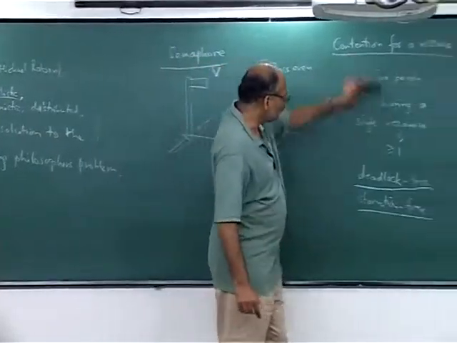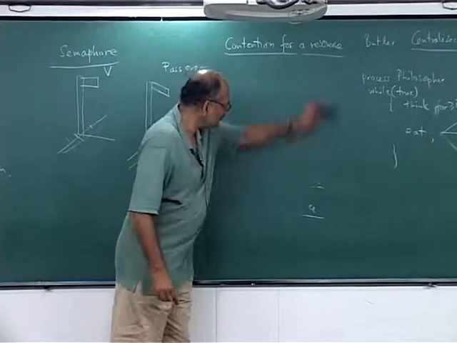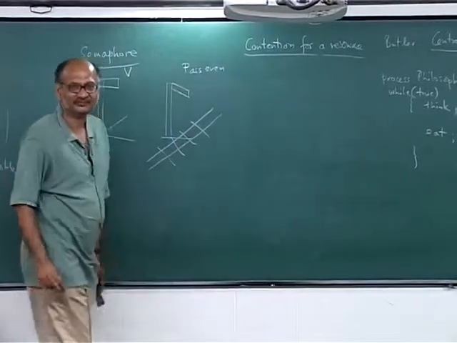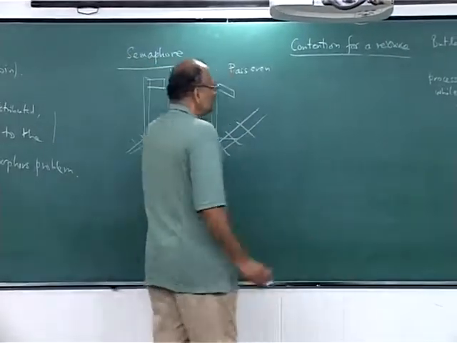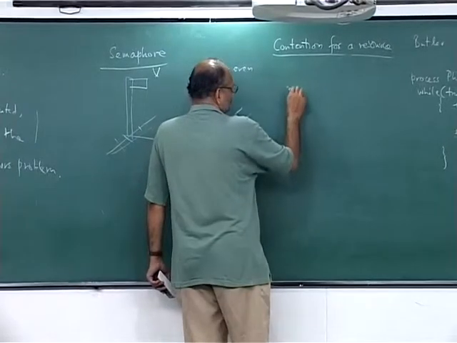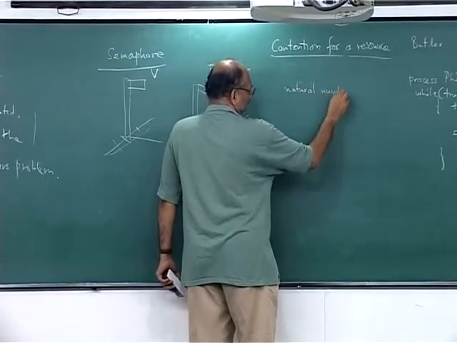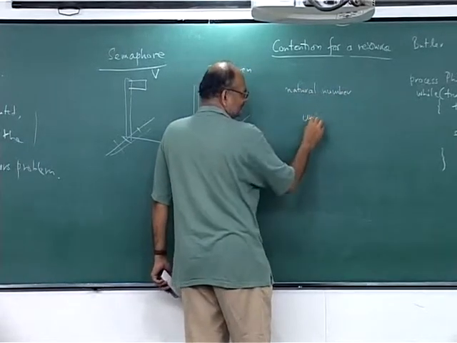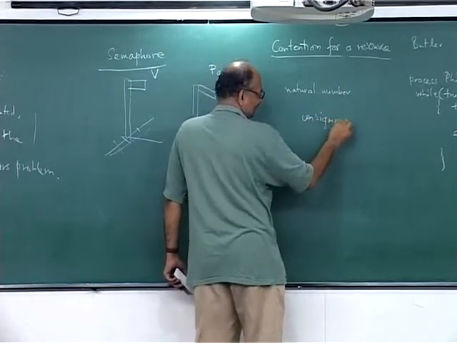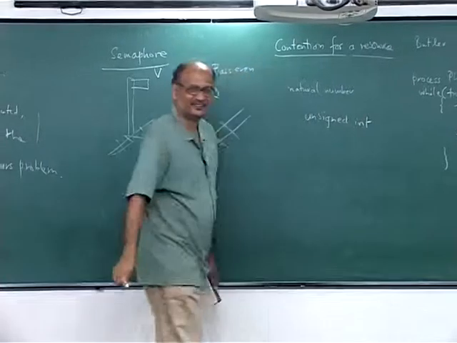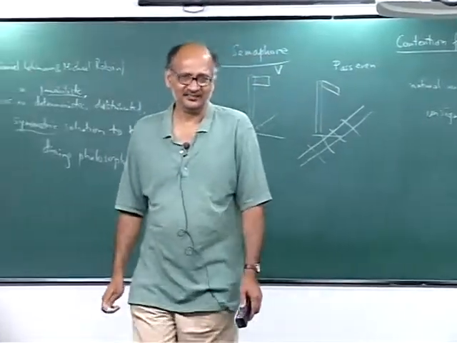Okay, so what is a semaphore? A semaphore is a natural number, or if you like, in C terminology, it's unsigned int. Right?